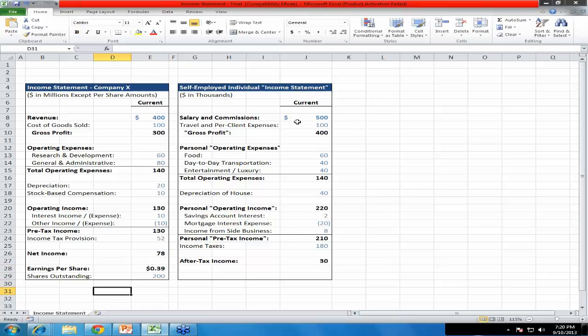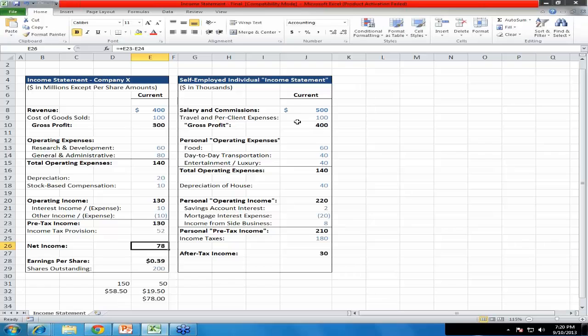So as I said, if I own 150 shares and the manager owns 50, I will be compensated 150 times 39 cents, or $58.50 of the earnings, and the manager will be attributed $19.50 of the earnings. And if you add them together, $78, the same as the net income that we have.